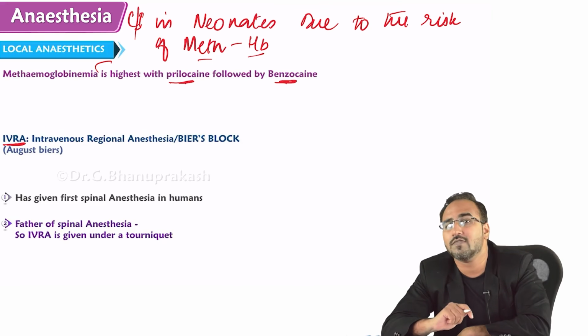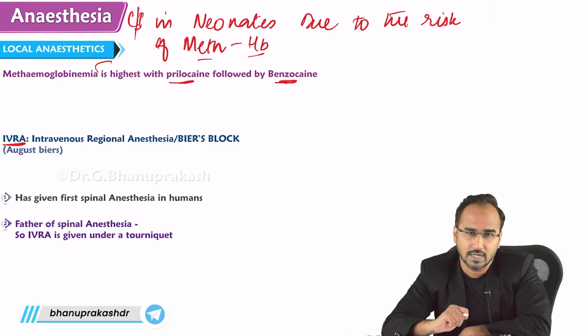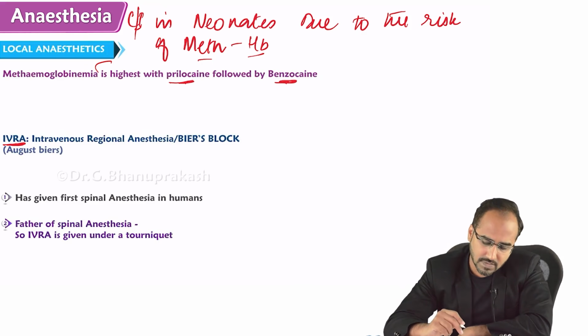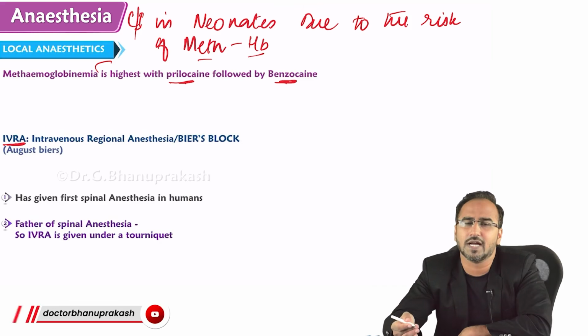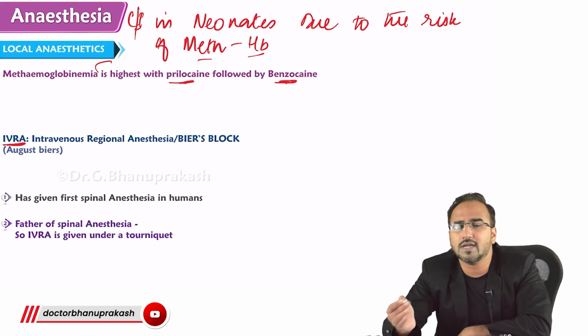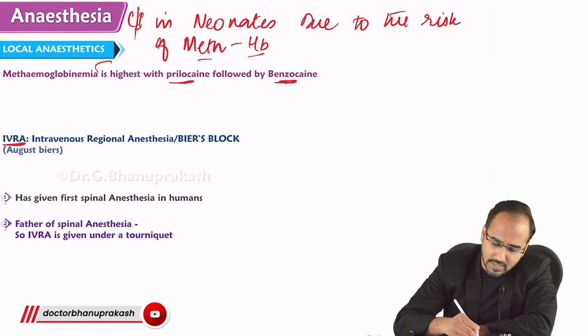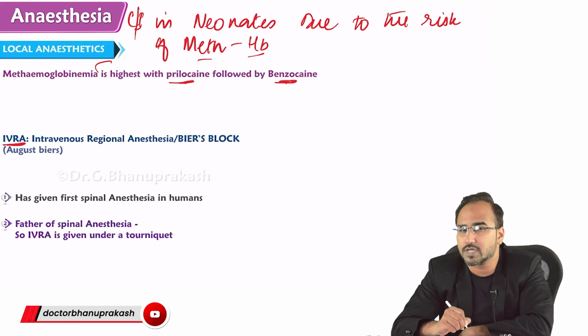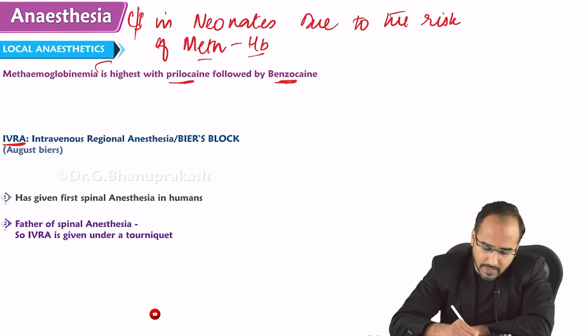This IVRA was introduced by August Baer. Once again, August Baer, we have discussed somewhere. August Baer is the father of spinal anesthesia, and he's the same guy who introduced this technique called IVRA. So IVRA is also called Baer's block.